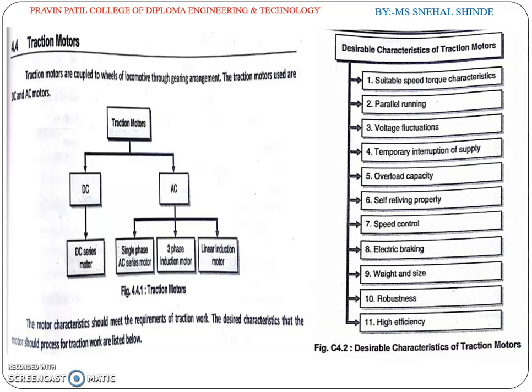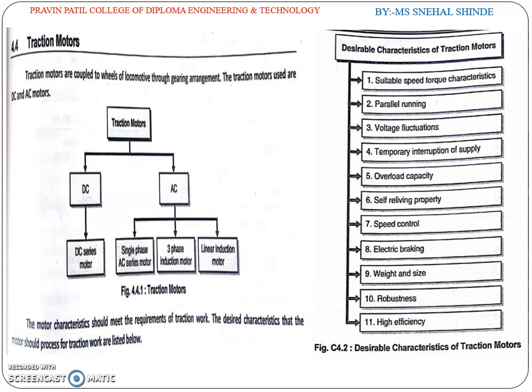There occurs a small difference in the rotational speed of the various motors because of uneven wear and tear of the wheels. This should not produce wide variations in the torque developed and current drawn by the various motors.